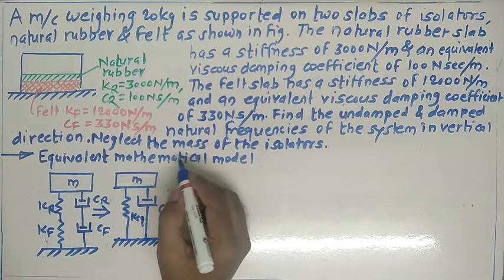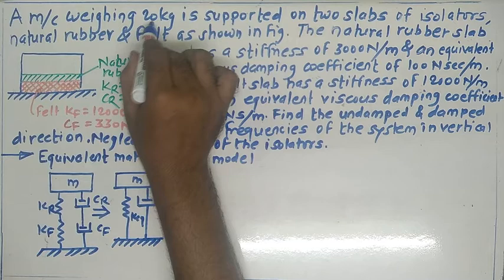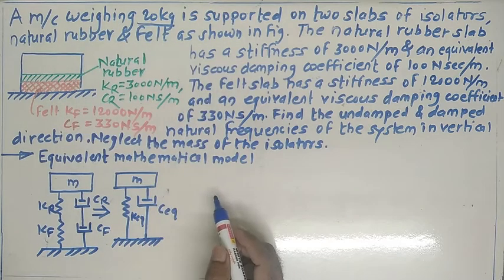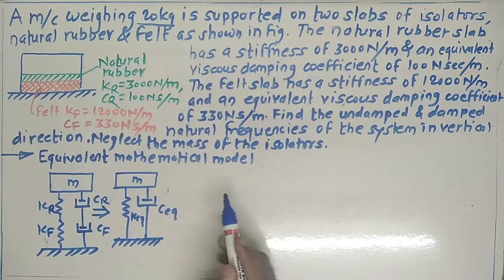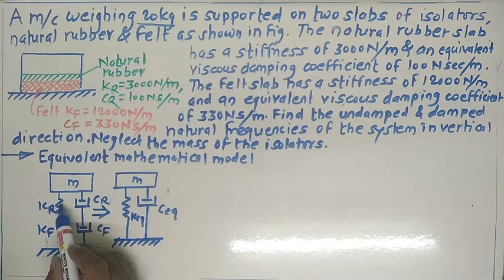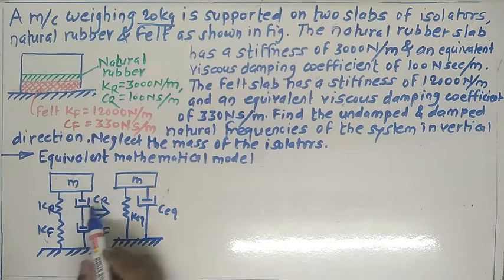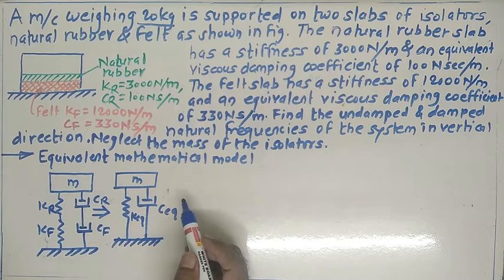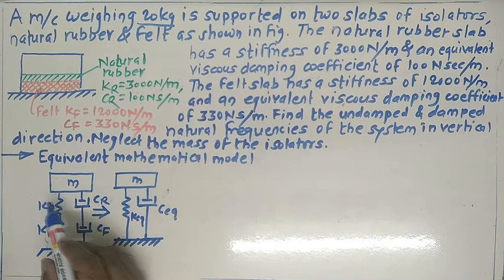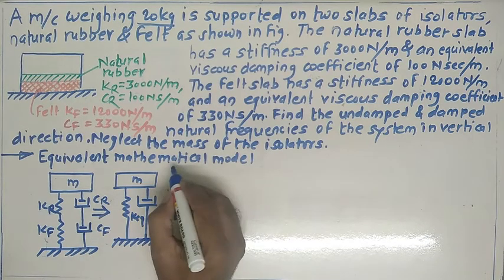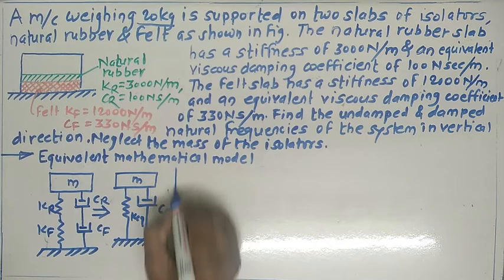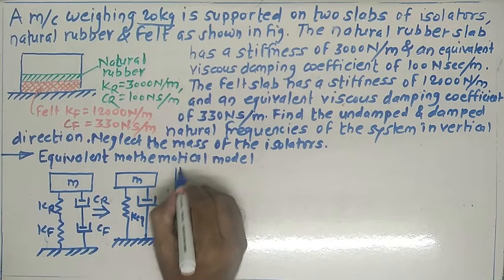All the data is available with us: the mass is 20 kilogram, and apart from this, kr, cr, kf, cf are with us. Considering both the springs connected in series and the dampers connected in series, first of all get the equivalent stiffness as well as the equivalent damping coefficient for the given system. Let me write the given data here.